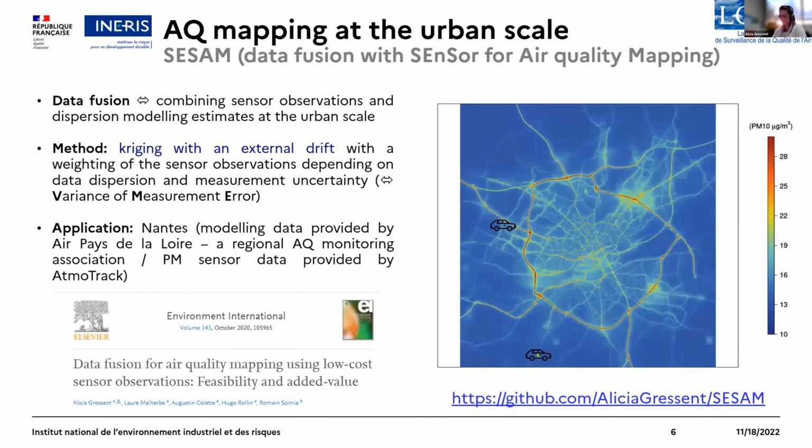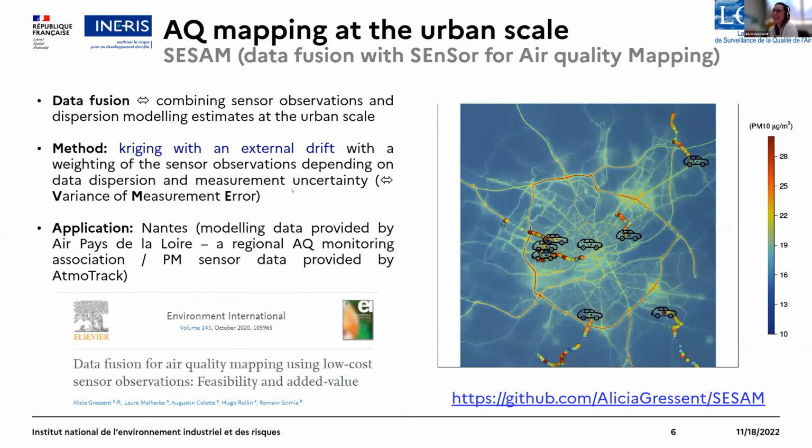In the framework of the French Central Laboratory for Air Quality Monitoring, we have developed the CSAM tool. CSAM is a tool for combining sensor observations and dispersion modeling estimates at the urban scale.